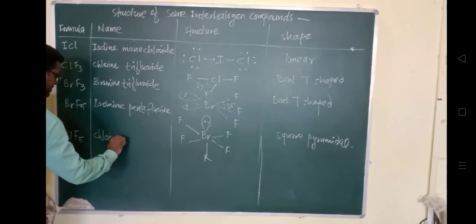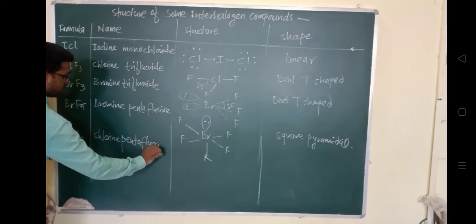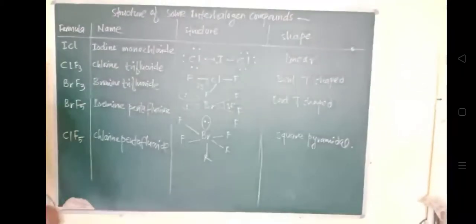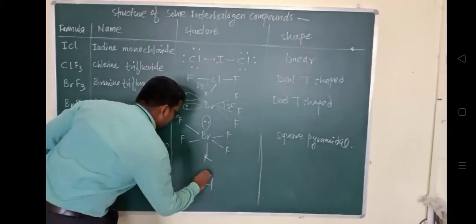So it is also square pyramidal. So we have represented the structures of some of the interhalogen compounds here.